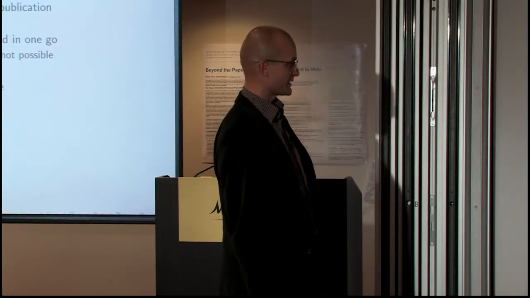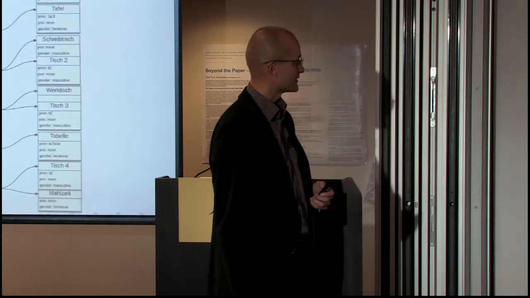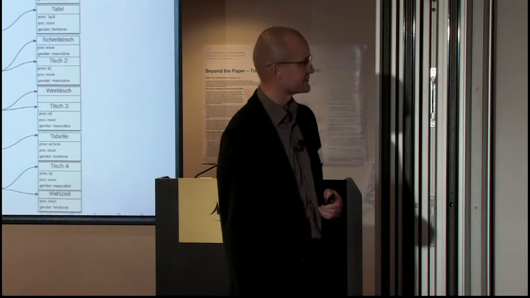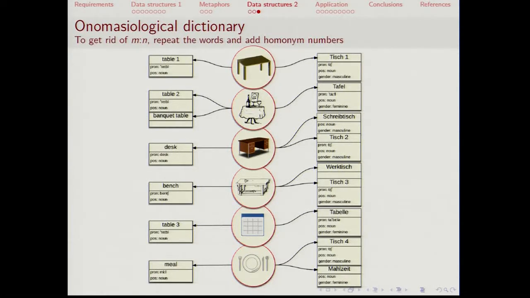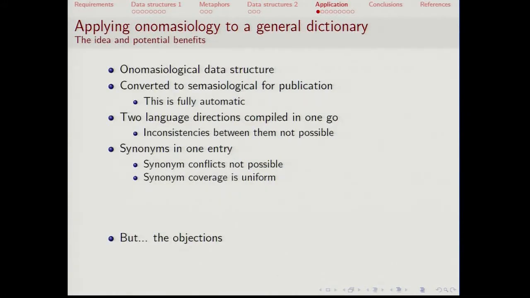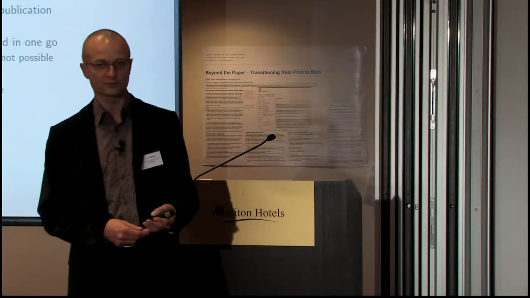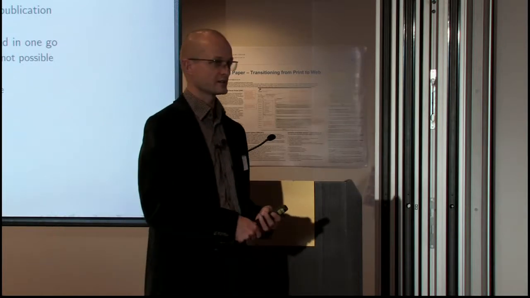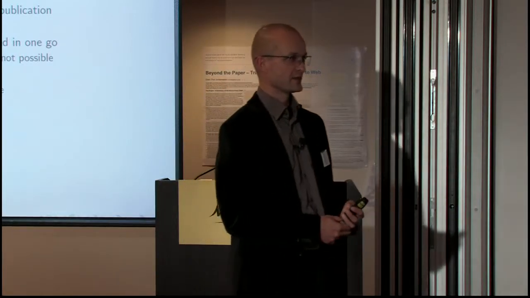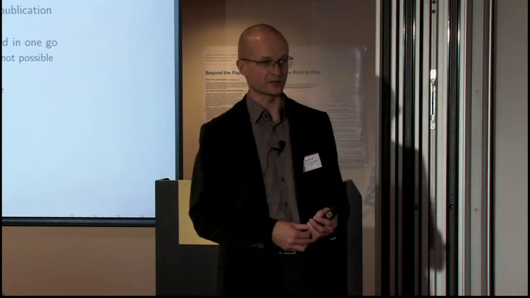And we should have synonyms in one entry. Like in the previous one, Schreibtisch and Tisch 2 are synonyms according to this simplified presentation. And they should be put together, or they should be related to the same concept entry. And since synonyms are always processed together, then it's technically not possible to create inconsistencies between them, because we don't create synonym references manually.